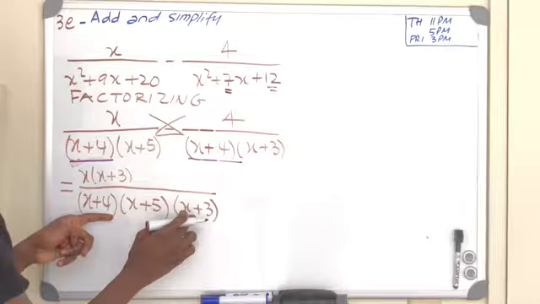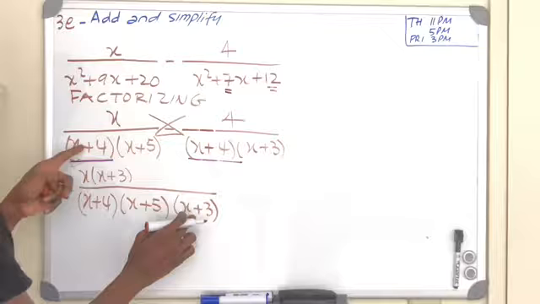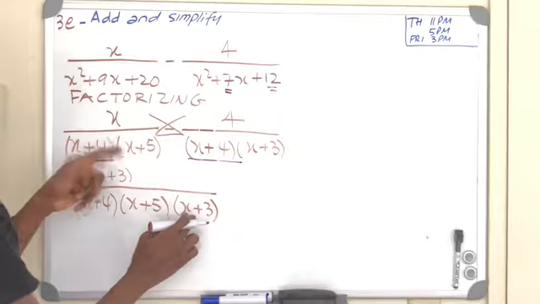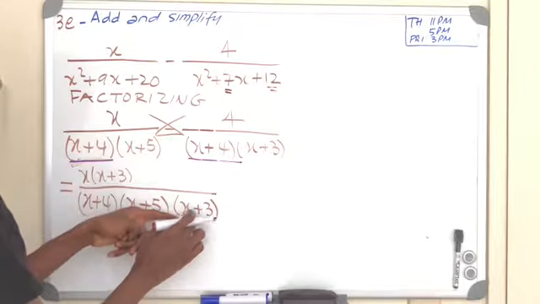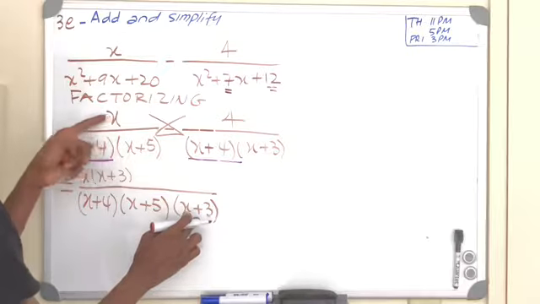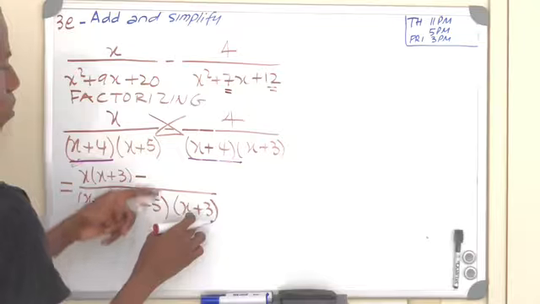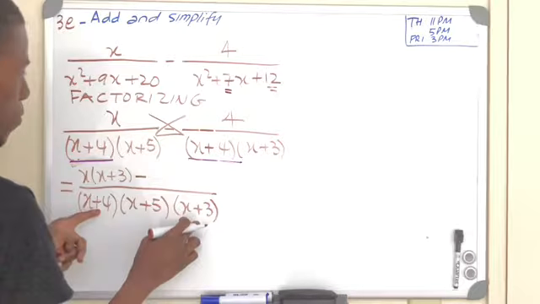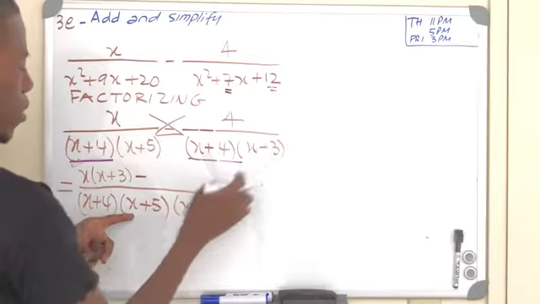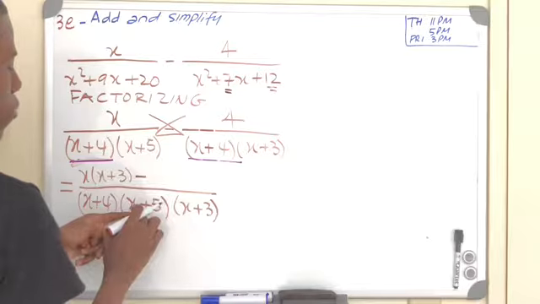That's a simpler way to do it, the easiest way to figure it out. I'm going to do minus, the same thing. I have x plus 4, I have x plus 3, but I don't have x plus 5, so it's 4 times x plus 5.